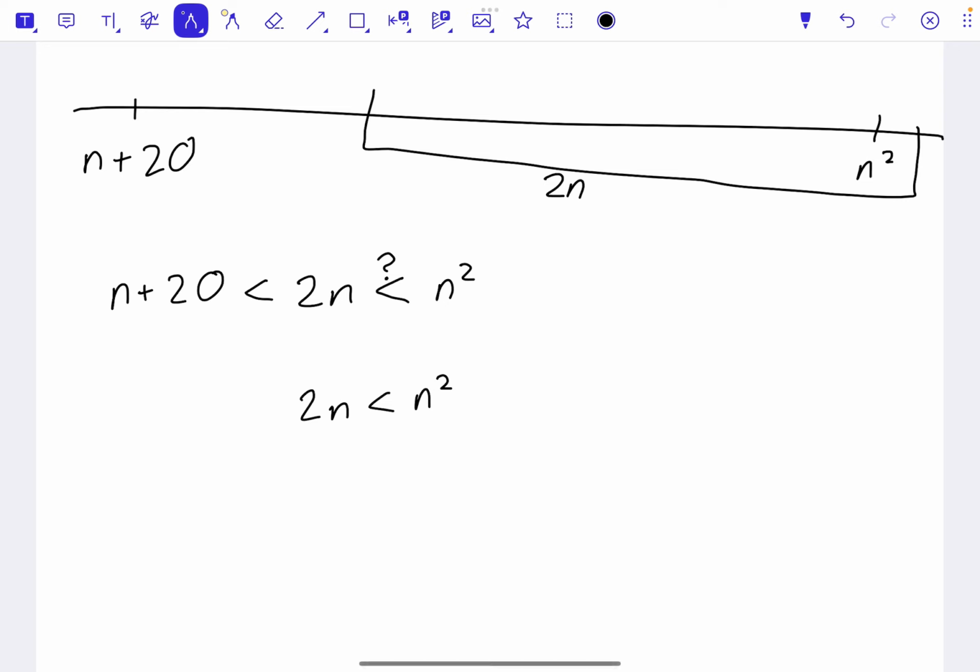So we have this. We can divide both sides by n, I guess, to get this. And this isn't much of a conclusion, but it's enough for what we are trying to do.